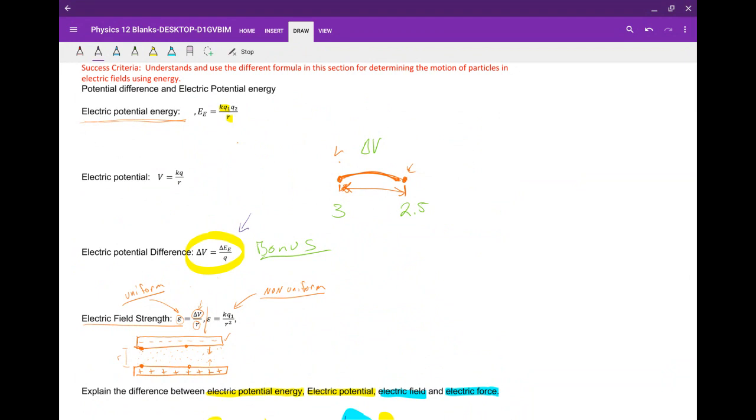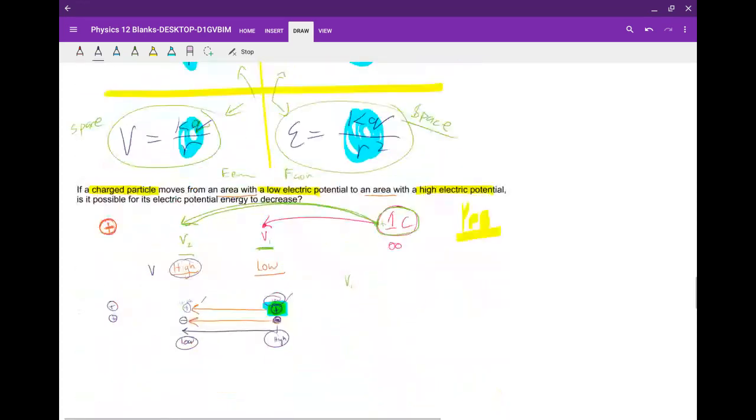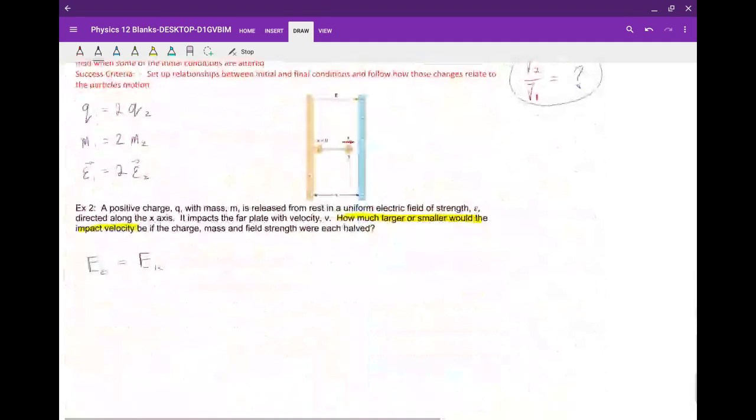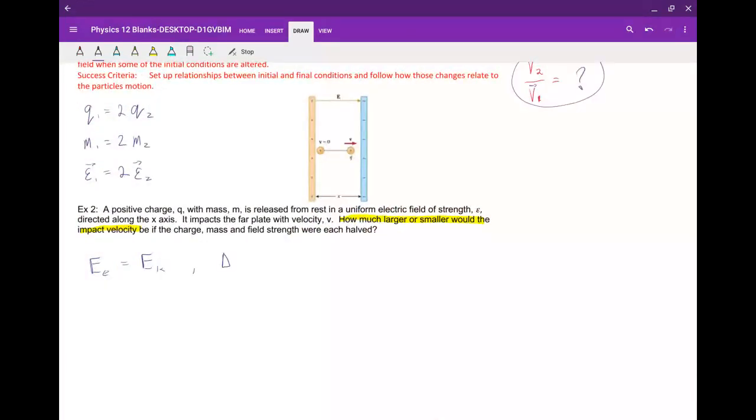It shows up in this formula here. The change in electrical potential energy is delta V times Q. Let me write that down. And then I'm also going to write down the electric field strength, which is delta V over R.